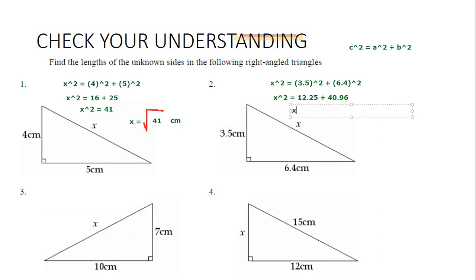So adding this, x squared is equal to 40.96 plus 12.25. That's 53.21.